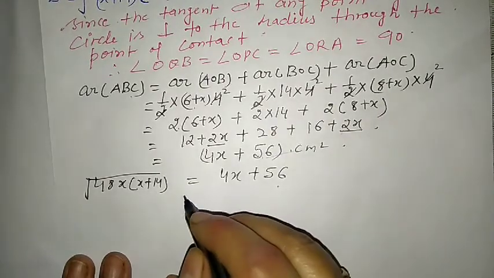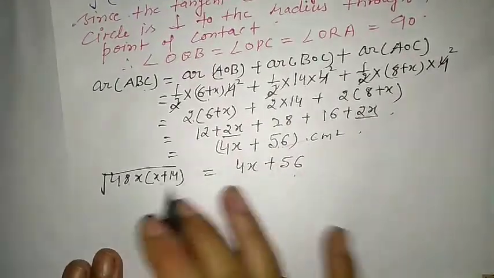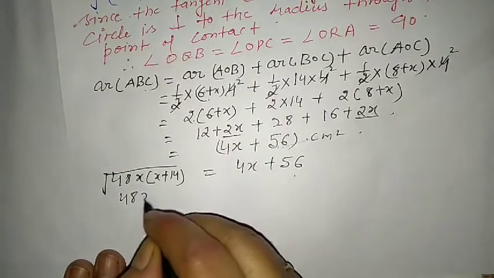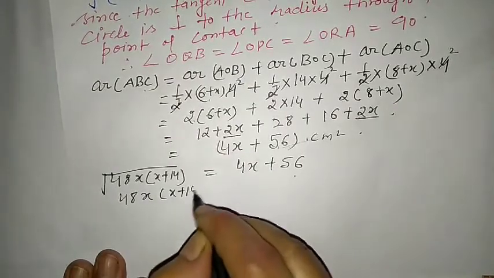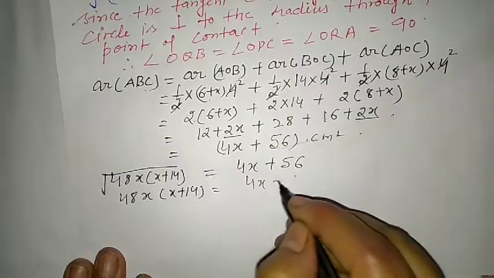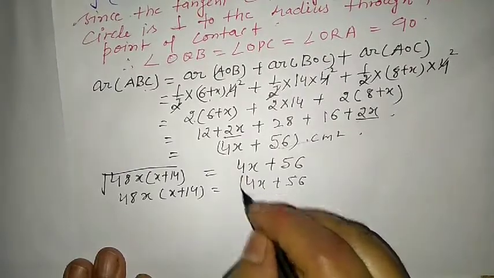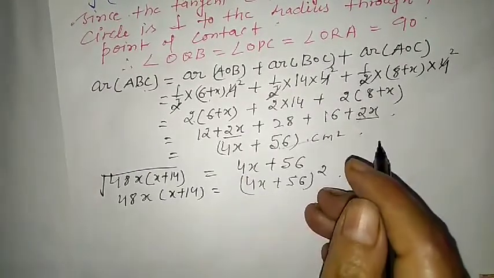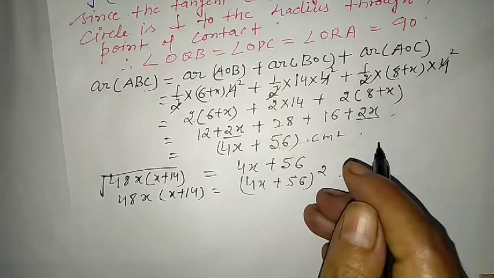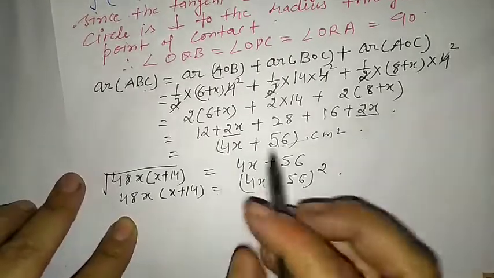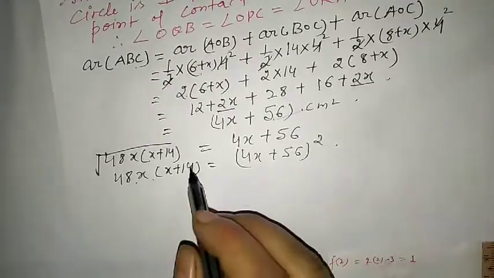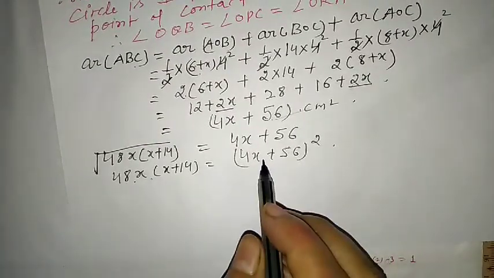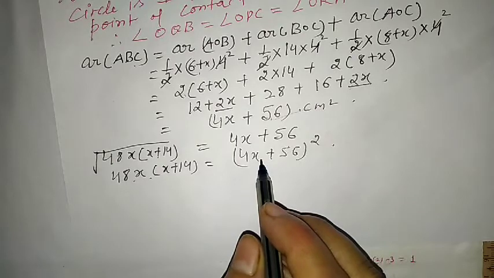So squaring of both sides. We will write here squaring of both sides. This side we have 48x, x plus 14 is equal to 4x plus 56 whole square. That we got. Then after, what we have to do? We have here 48x, x plus 14, 4x plus 56 that we got here.